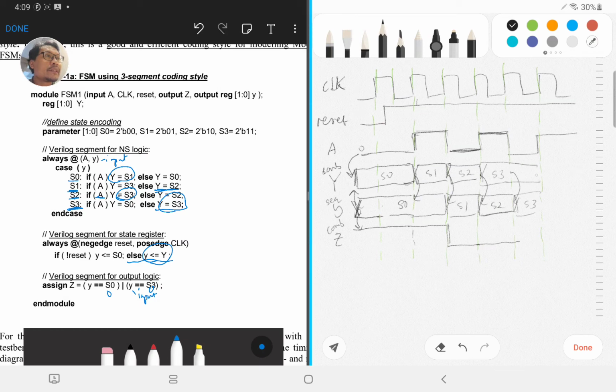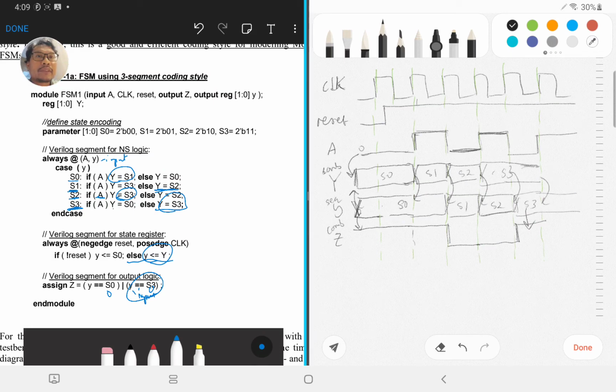So here is going to maintain on S3. Let's do this one first. Z will be equals to 1 because now we have the S3 transferred there. So transfer S3 maintain.